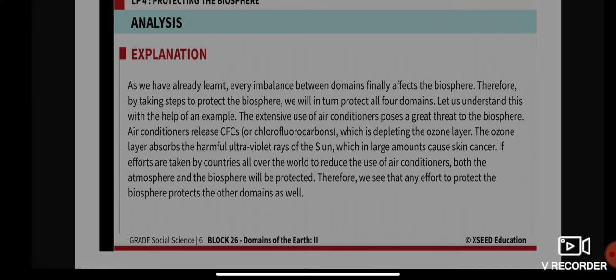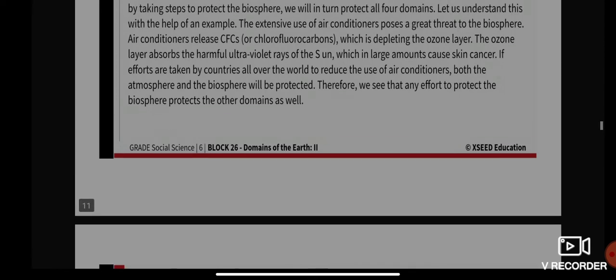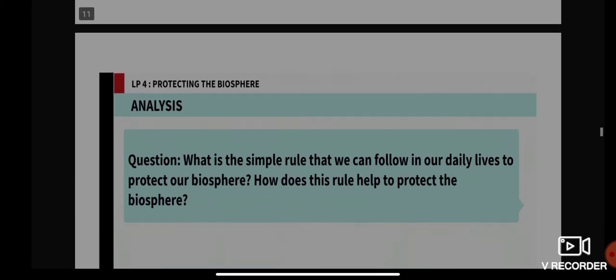So if efforts are taken by countries all over the world to reduce the use of air conditioners, both the atmosphere and the biosphere will be protected. Therefore, we see that any effort to protect the biosphere protects the other domains as well. So it is mentioned as protecting the biosphere and not the four domains. I hope you got it.